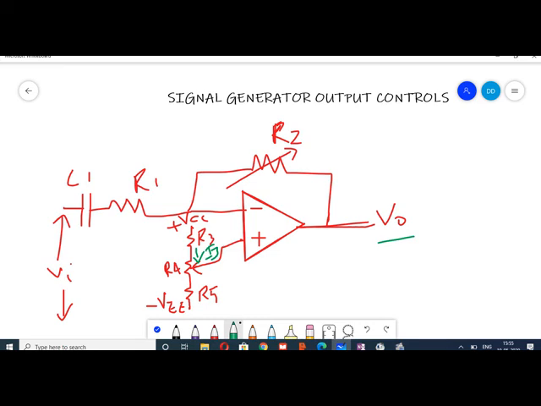So if you observe here, if our positive terminal is grounded, and input applied to the negative terminal, then it becomes an inverting amplifier. We know that gain of the inverting amplifier is given by minus R2 by R1 in this case. So if we want to vary the amplitude, we can just vary the value of R2 and R1.